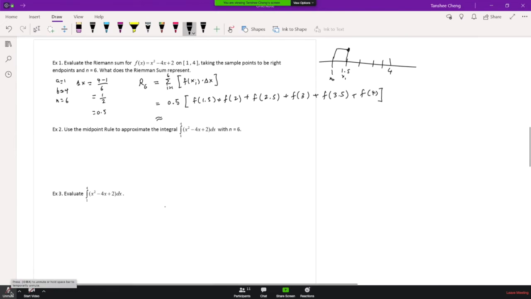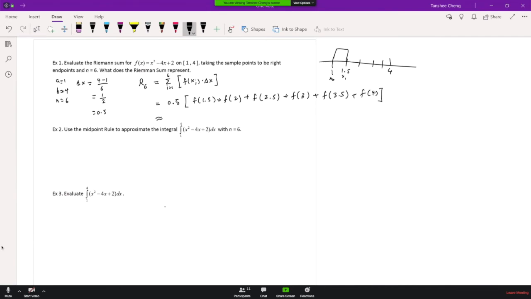If you talk about the left endpoint, my height of the rectangle for the first rectangle is evaluated at 1. So that's the difference between left endpoint and right endpoint. Also, the value will be different based on whether the function is increasing or decreasing. Clear, right? Yes. Good.